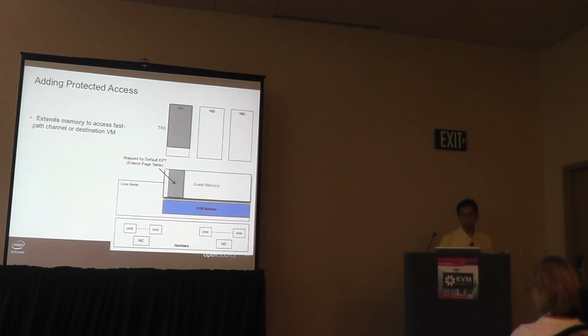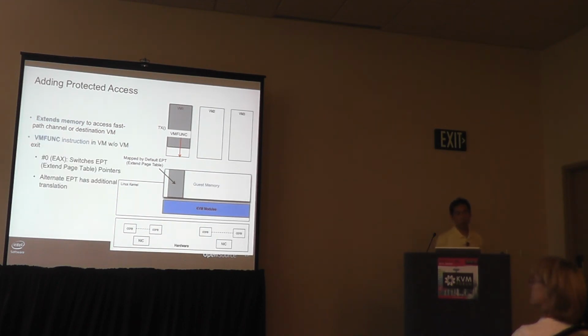Then we have a vmfunc instruction that's available in the guest, and vmfunc 0 means switch the EPT. If the new EPT has an additional mapping, then you can access the additional area. The VM2 can access more memory with vmfunc.